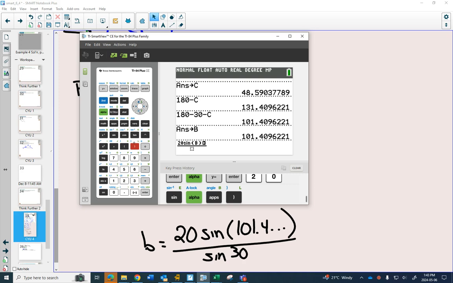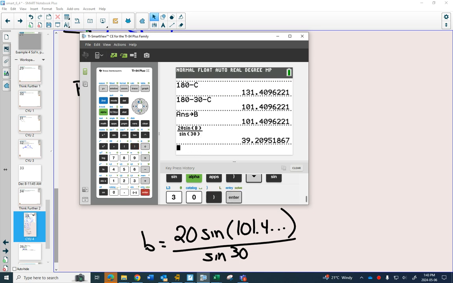This is a strategy that comes up a fair bit. In 2 years' time, some of you are going to be in the AP Calculus class. We use this strategy on our graphing calculator of storing values as different letters, so we don't round early. It also lets you type a lot faster instead of having to type in all the decimal places. Divided by sine of 30, which is a half.